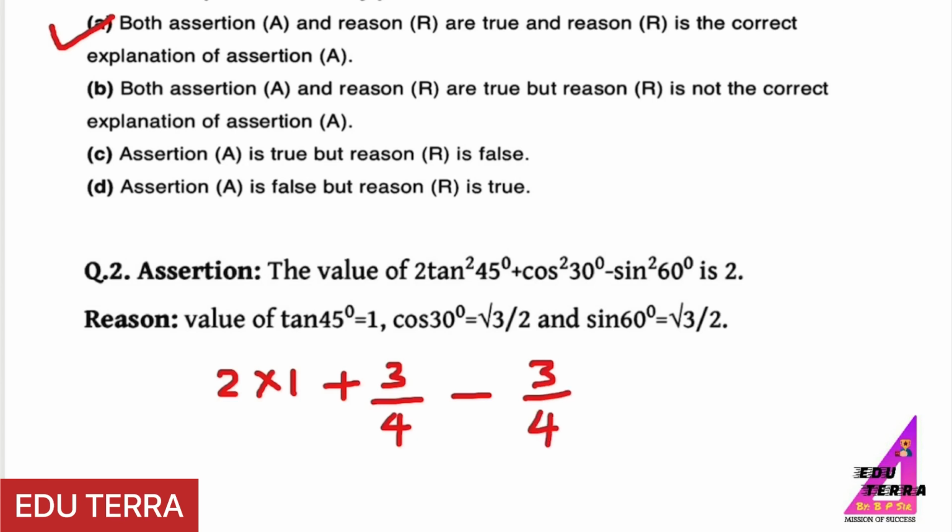One is plus and another is negative, so they cancel and we are getting answer 2. So it is correct. It is also correct and giving correct explanation. Option A is correct. Option A means both reason and assertion are true, and reason R is the correct explanation for assertion A. Now come on for question number 3.